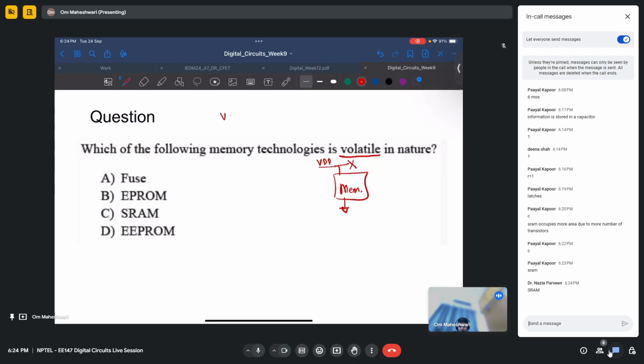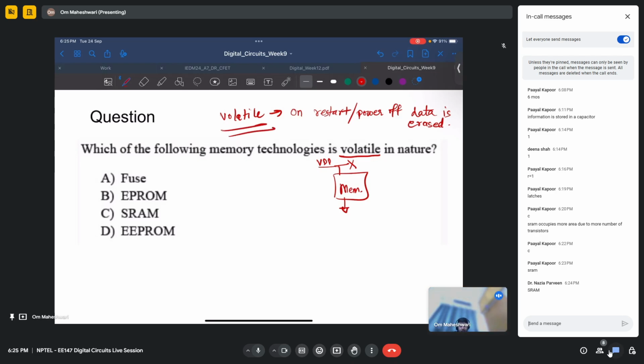So volatility is, in a simple term, on restart or on power off, data is erased. When this happens, it is called volatile.